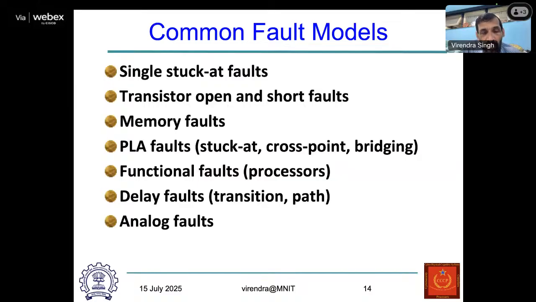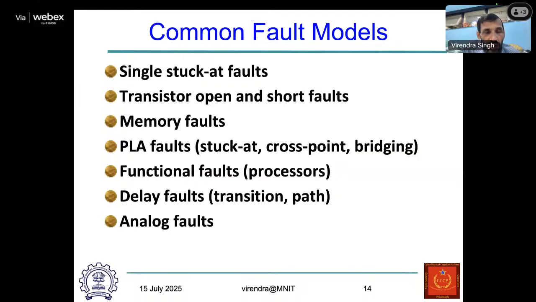Therefore the number of transition delay faults would be equal to the number of stuck-at faults, that is twice the number of nets in the circuit. This number is small enough that we can develop the test vectors and test these in a practical circuit.